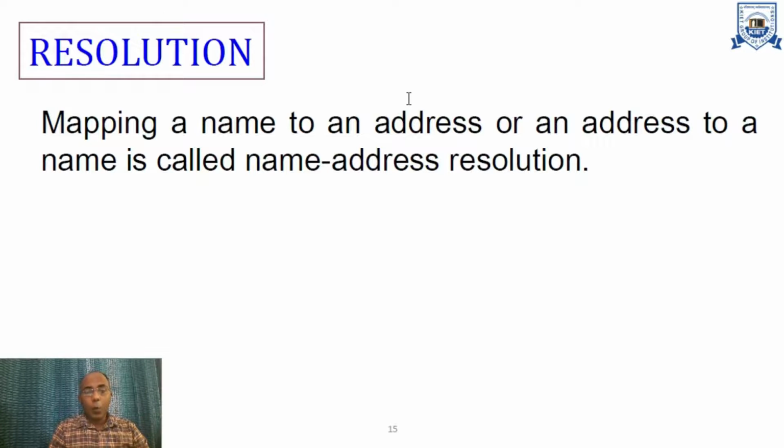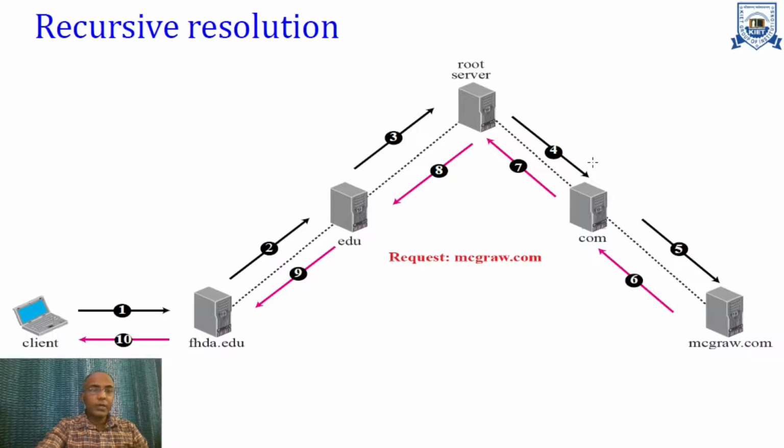So mapping a name to an address or an address to a name is called name address resolution. How do we do it? There are basically two different techniques. The first one is recursive resolution.